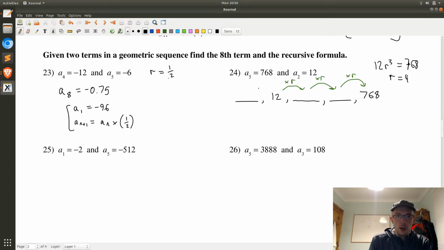So, working out the rest of the sequence now. 3 there, 48 there. Then it comes 96. Then comes 192. Right. So we've got term 5.